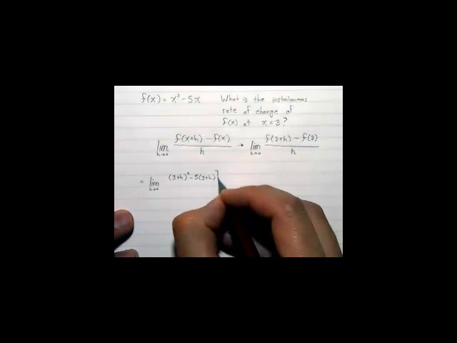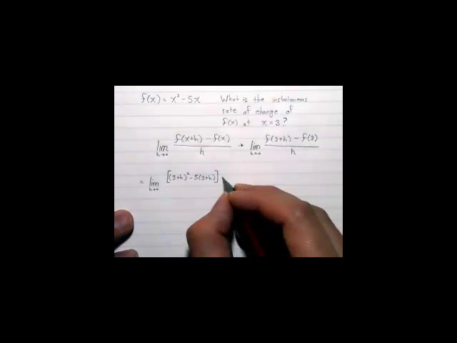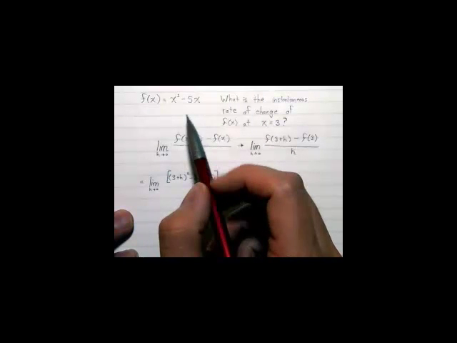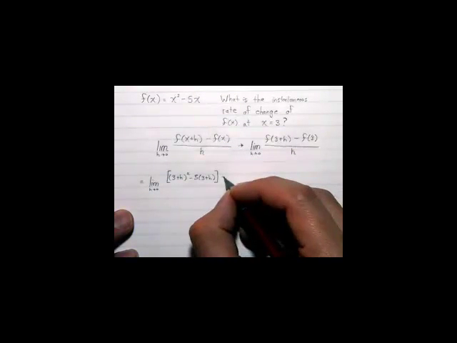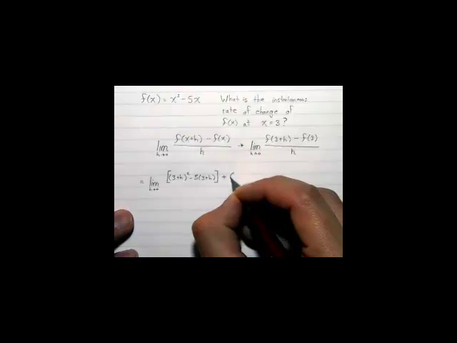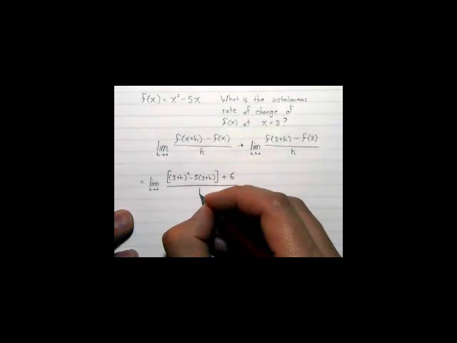Okay, so that right there is my f of 3 plus h. And then I got to subtract from that f of 3. And f of 3, we've actually already done. We got negative 6 for that, right? 9 minus 15? Yeah. So then this would be plus 6, all divided by h.